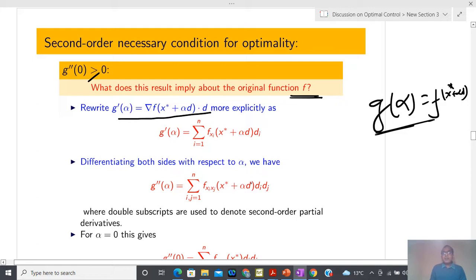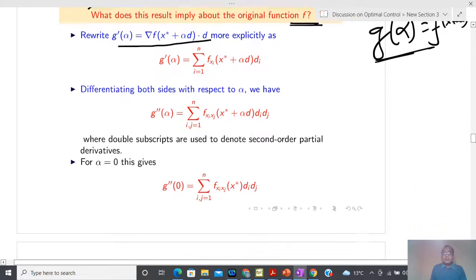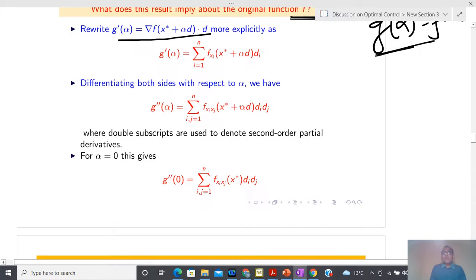Please do it by yourself, it is not a very difficult job. After that you have to substitute alpha equal to 0, because x star is the point I have to analyze. So how to analyze the x star point? If I substitute alpha equal to 0, then this particular expression comes into the picture.